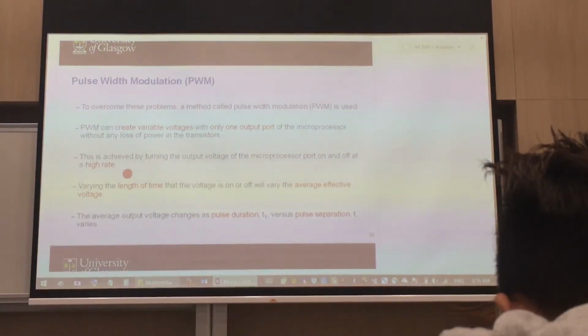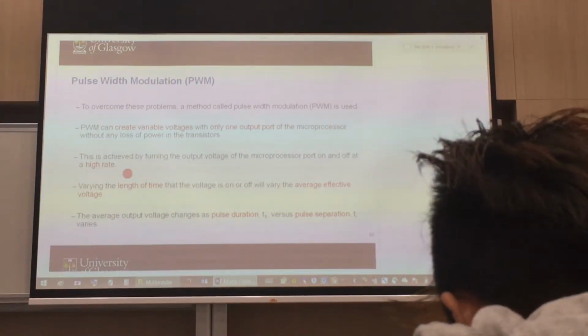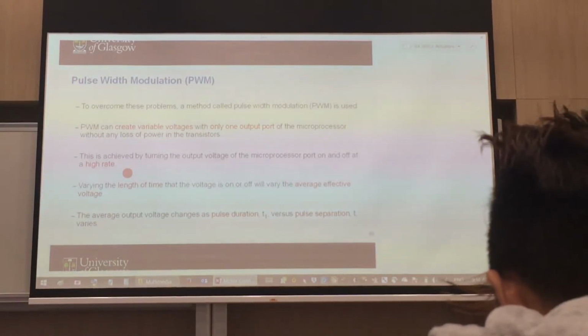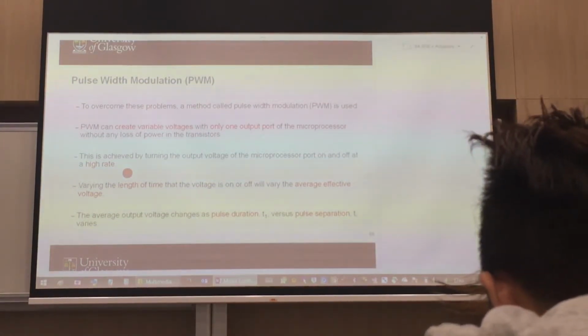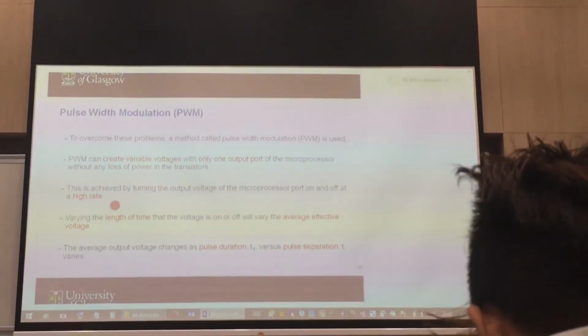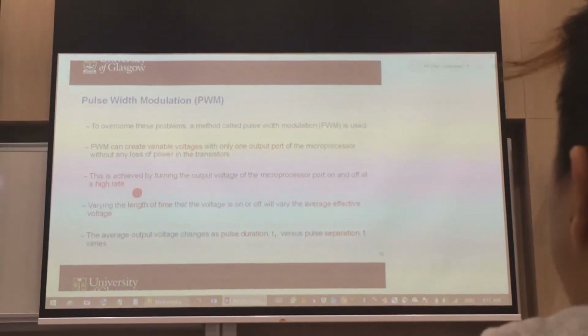Why is driving at its maximum capacity not desirable? Well, that's because we want to have a sense of controlling the energy or the power going to our device. We don't really turn on a motor just on or off. We want to control the speed. This controlling of the speed can be achieved by controlling the amount of power going to it.